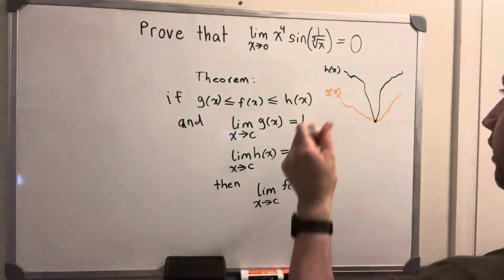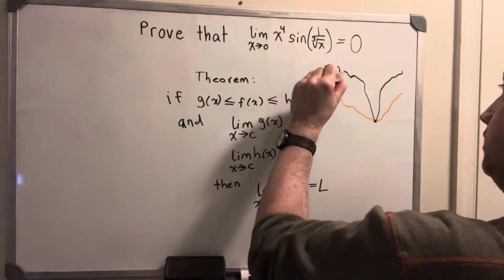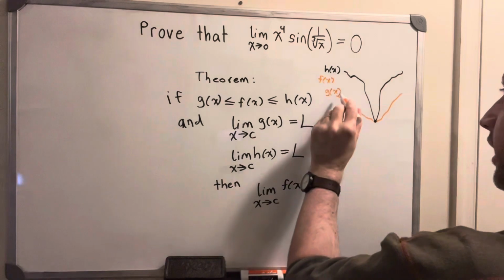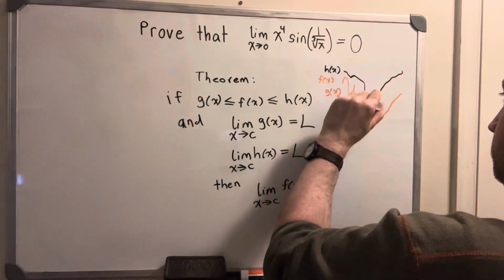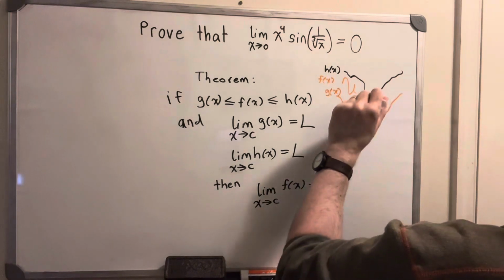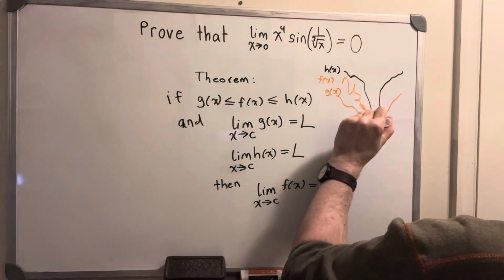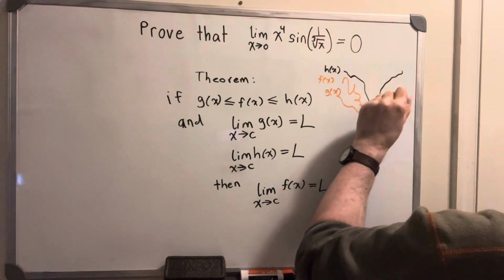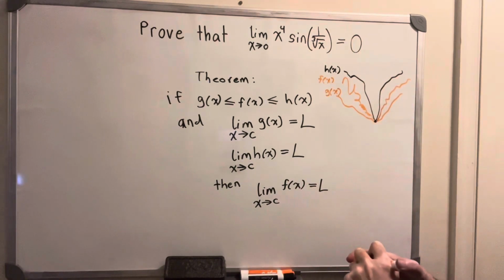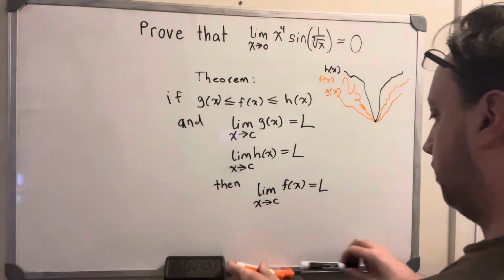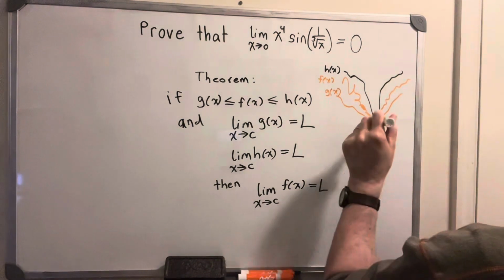Well, if f of x is always greater than g of x and always less than h of x, and it has some difficult to evaluate function, by the squeeze theorem, we know that at that point its limit must be equal to L, right here.